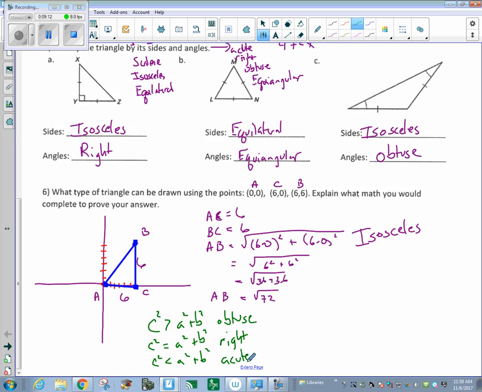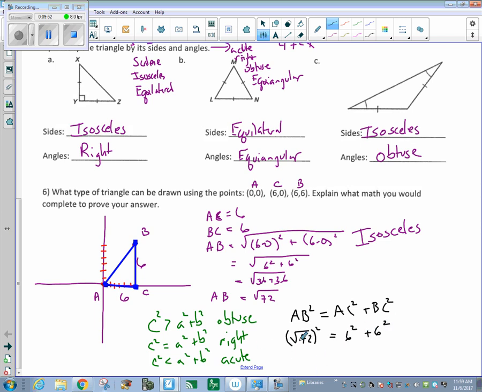Now, you could have done this by using general properties and things like that of triangles and get the same answer, but this, I think, is the quickest since we already have the side lengths. So to do this, I'm going to say, okay, c squared is AB squared, and how it relates to AC squared plus BC squared. Those are my a, b, and c, and I know AB is my hypotenuse because it's the longest side. It's bigger than 6 and 6, so I'm going to take the square root of 72 squared, and that is going to be equal to 6 squared plus 6 squared.